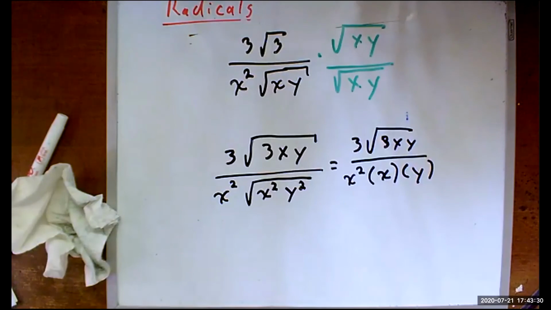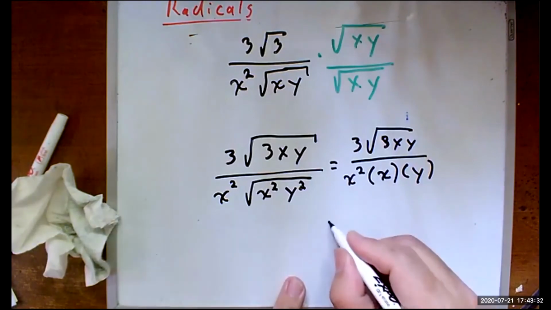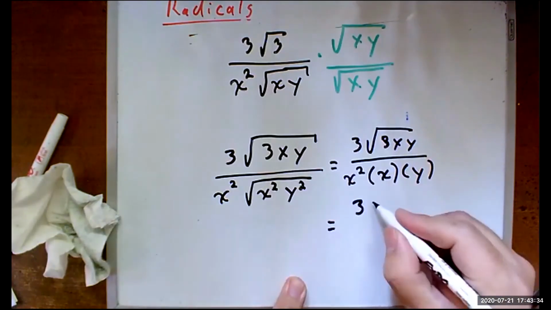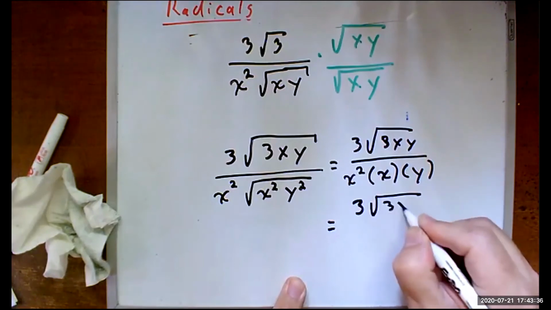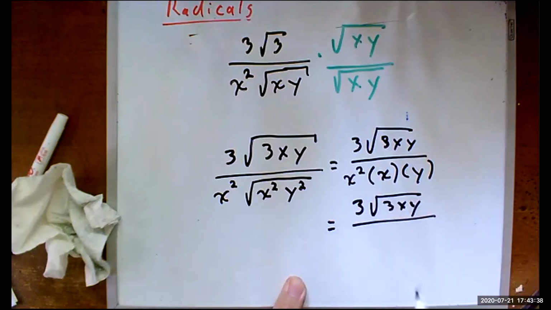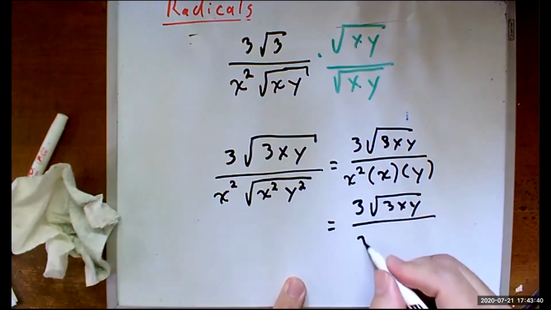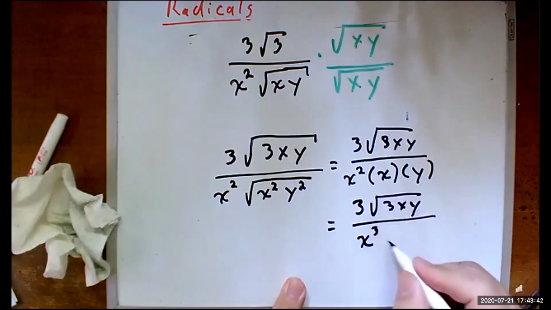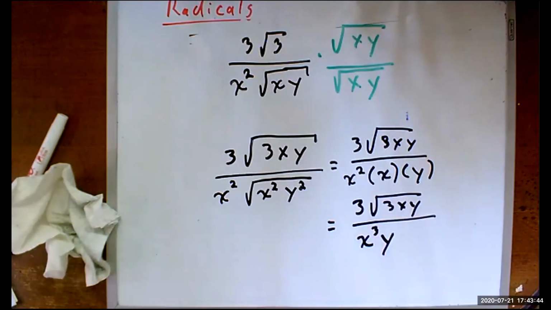I can take the square root of x squared, it's x. I can take the square root of y squared, it's y. Again, the numerator, the top comes for the ride, 3xy. X squared times x gets me my x cubed, and then the y comes along. Does that clarify for everybody?